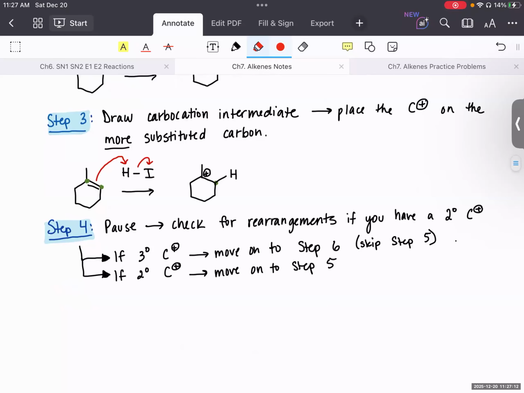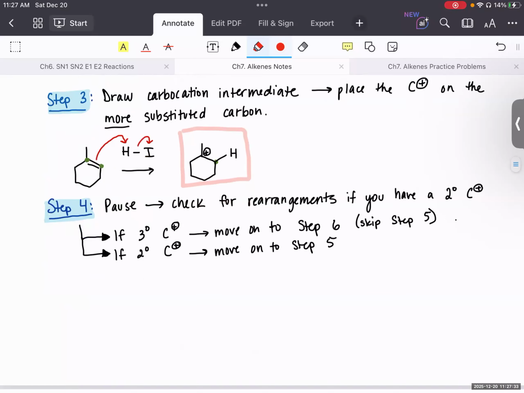All right, so now step 4. Here we have to take a moment and look at the intermediate that we formed in step 3, which I just boxed in red. At this step, we have a carbocation intermediate, and we know that carbocations can undergo rearrangements. So we have to stop here and look to see, will a rearrangement happen?